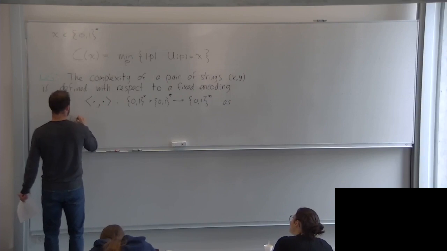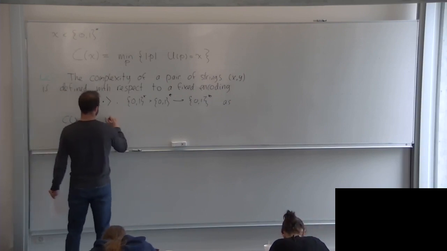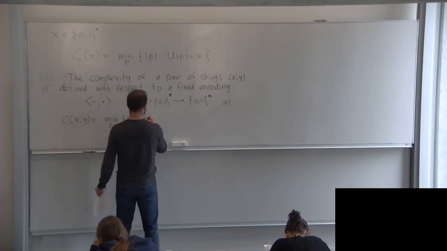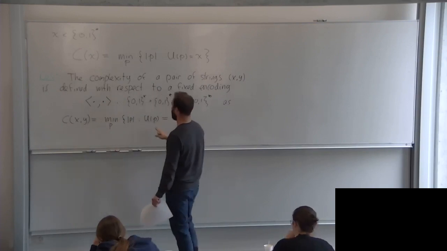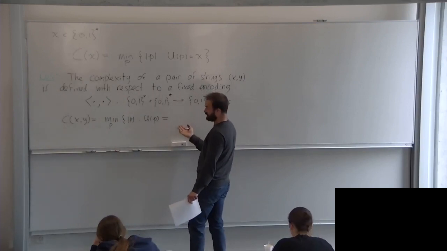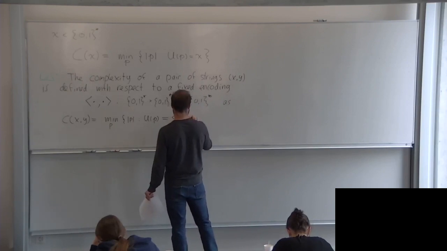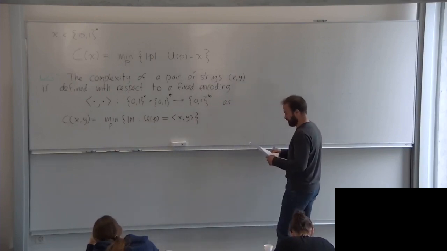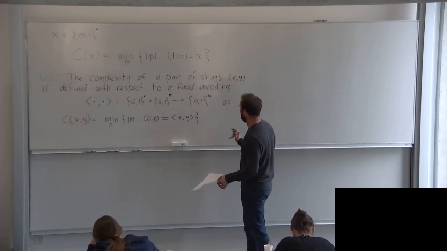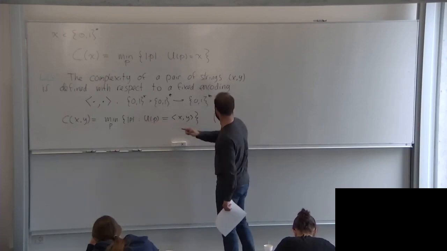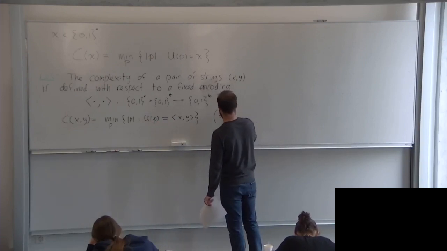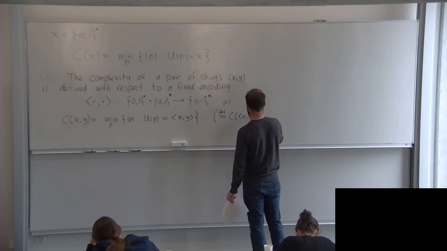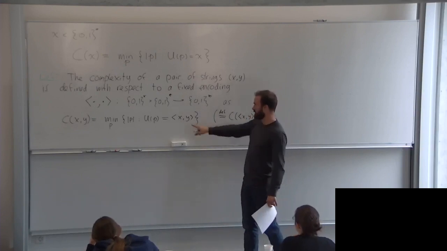So I just write C of X comma Y equal, it's the minimal length of the program P such that U of P produces an encoding of the pair of strings X, Y. If I had wanted to be economical in my definition, I would have just said C of XY is a shortcut for C of bracket X comma Y and bracket. That's what it is.